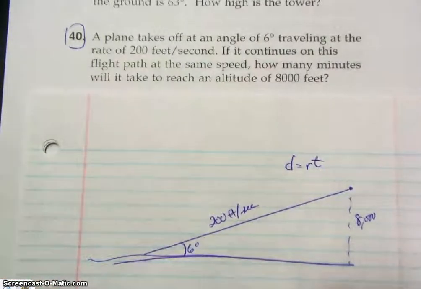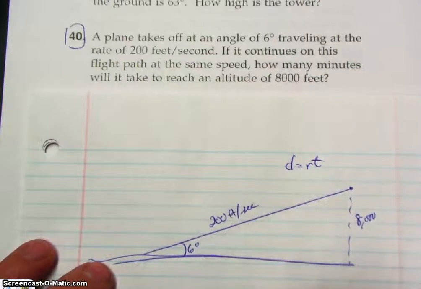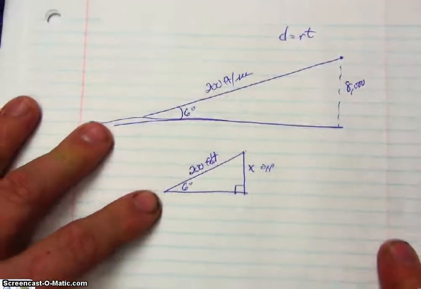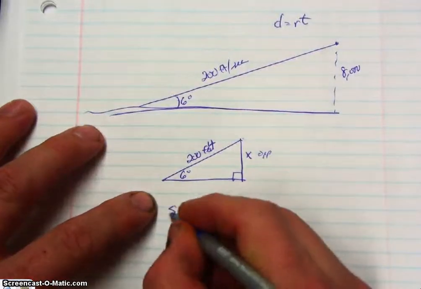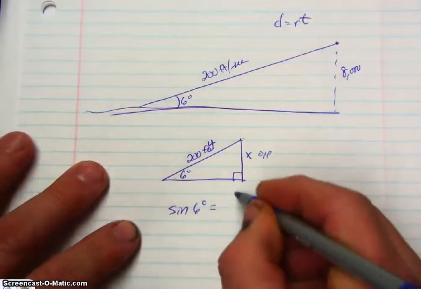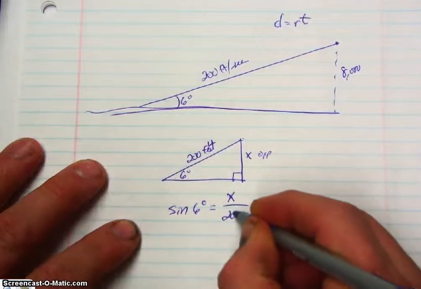So I'm going to use my trig. I want to find this value, in other words, the opposite side. Since I'm dealing with opposites, it's sine. So sine of 6 degrees is equal to x over 200.